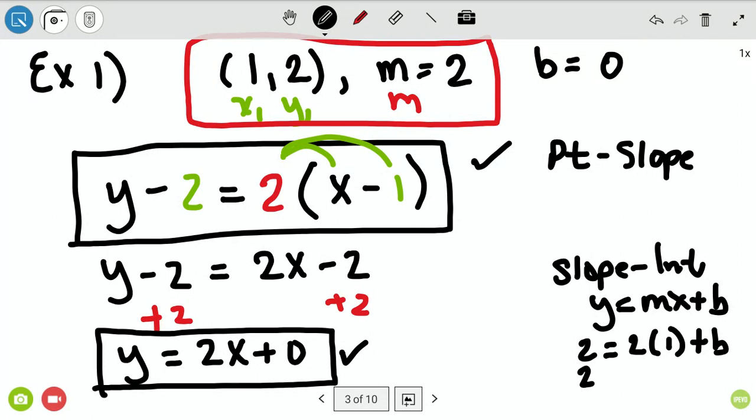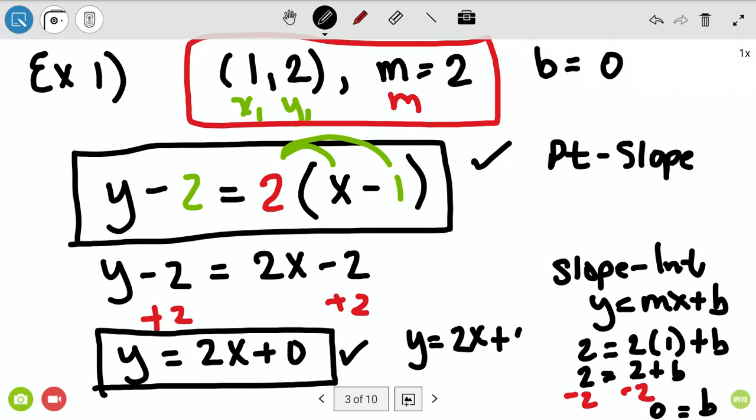So 2 times 1 is 2 plus b, and then we would subtract 2 and subtract 2, and we would get that b equals 2 minus 2, which is 0. With m equals 2 and b equals 0, we could write y equals 2x plus 0.